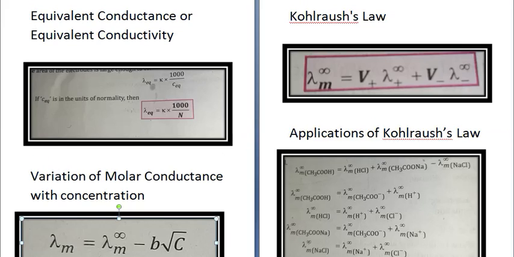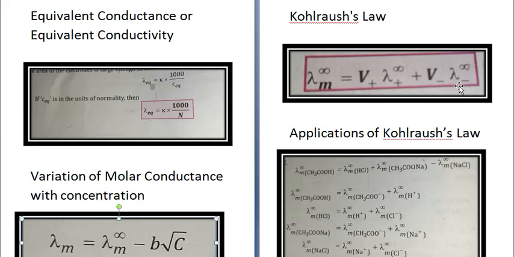This law says that the molar conductivity at infinite dilution of an electrolyte is equal to the sum of the molar conductance terms multiplied with the number of respective ions present in the formula unit of the electrolyte. So he gave this equation: lambda m infinity is equal to v plus lambda infinity plus, plus v minus lambda infinity minus.